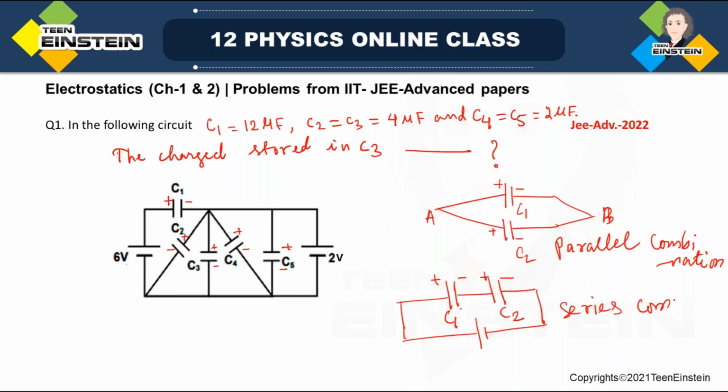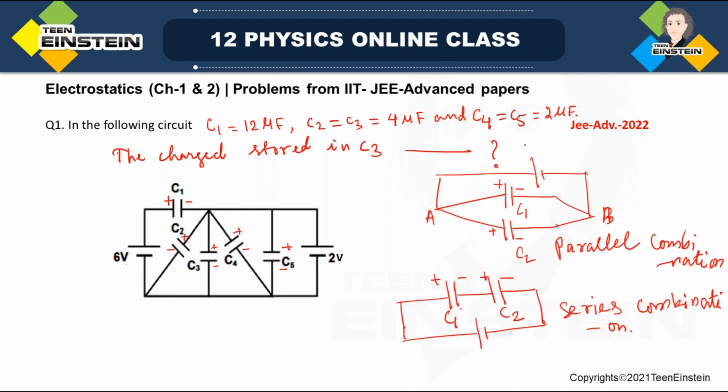I'll tell you a few more things about series and parallel combination of capacitors. You may also know this and you can remember these things. Whenever two capacitors are connected in parallel combination, both of them will have the same potential difference across the plates.